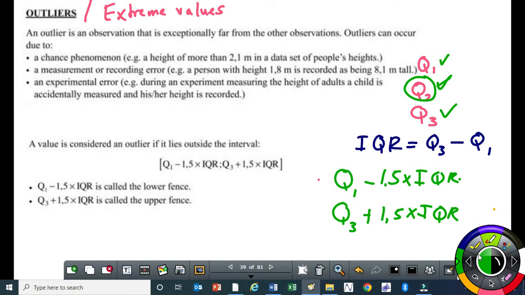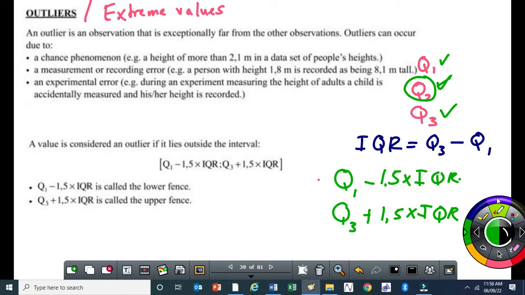So all you have to do is determine the lower quartile, the upper quartile, and find the interquartile range. Then subtract the product of 1.5 times the interquartile range from the lower quartile. You do the same for the upper quartile, but you add the product of 1.5 times the interquartile range. Then you get an interval.